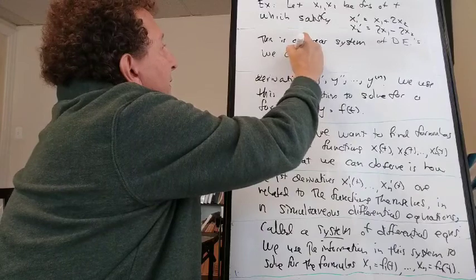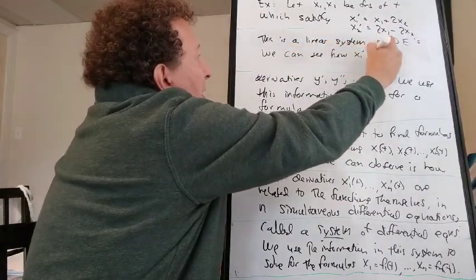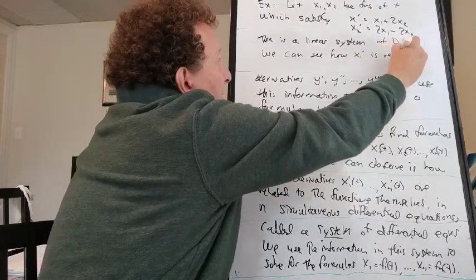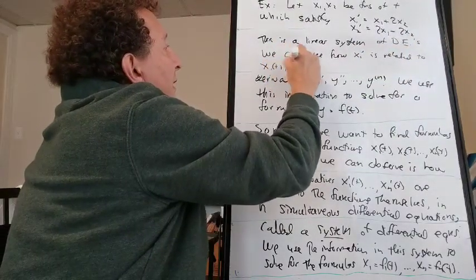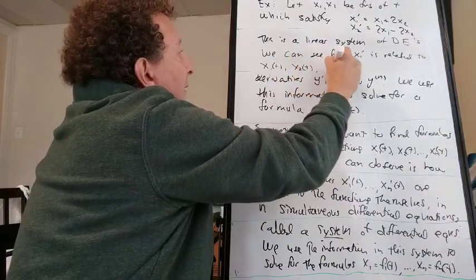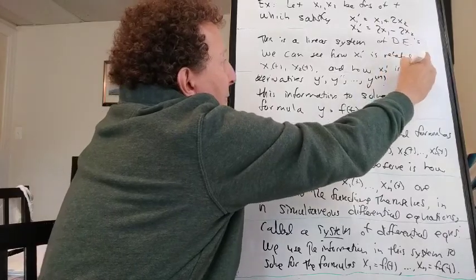So from it we can see how x1 prime is related to x1 of t and x2 of t, and how x2 prime is related to them.